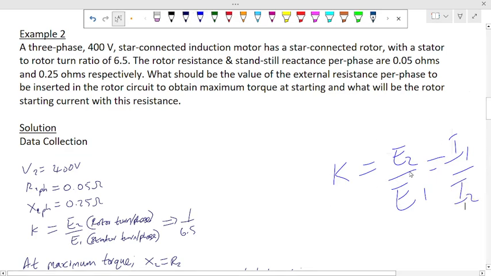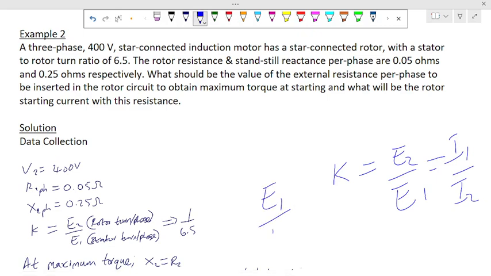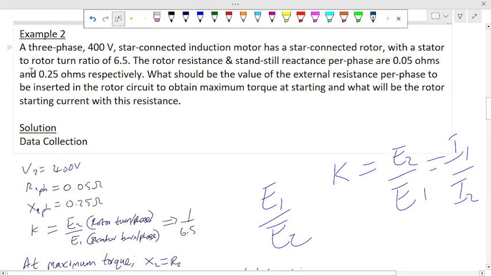So this is the transformation ratio. 2 is rotor, 1 is stator. So since we are giving stator to rotor, we are giving E1 to E2.